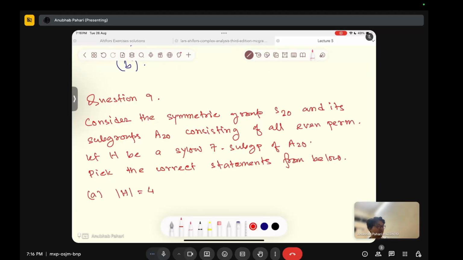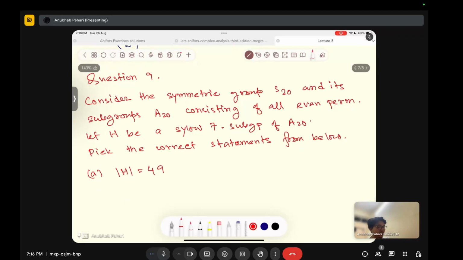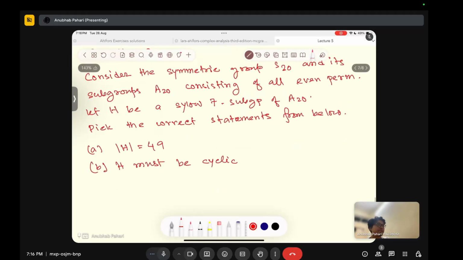A: Order of H should be 49. B: H must be cyclic. C: H is a normal subgroup of A20.